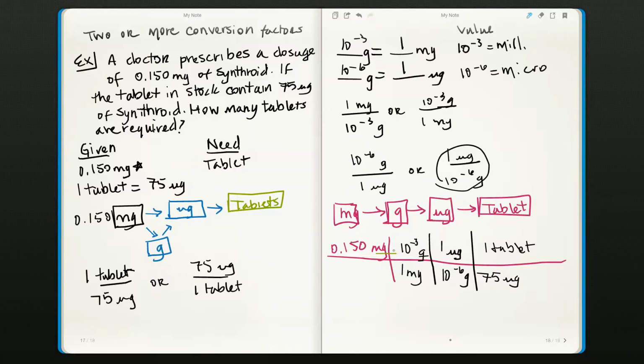I would multiply 0.150 times 10 to the negative third. Then I would divide by 1. Again, make sure your units cancel. Milligrams, milligrams. Then from there I would take that number and multiply by 1. Our units cancel. Divide by 10 to the negative 6.